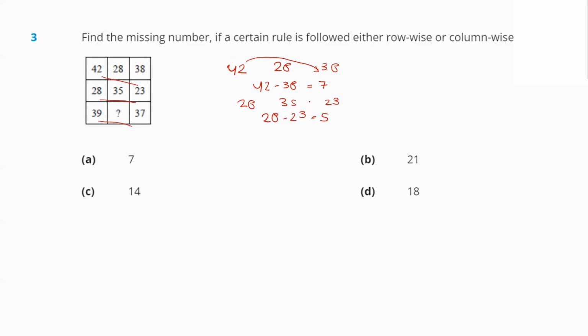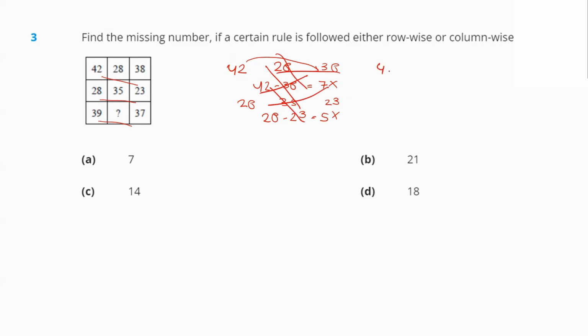And if we find a common number that can be multiplied, so if we multiply something to 7 to get 28, that is 4. No. Let's do it again. There is no pattern coming here.